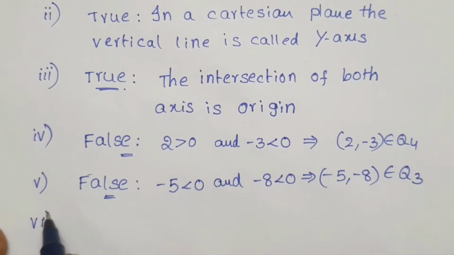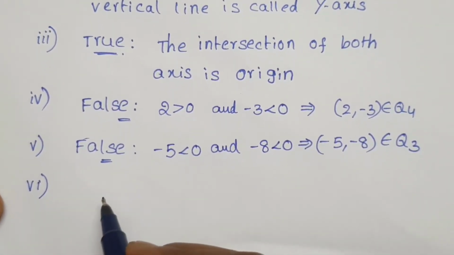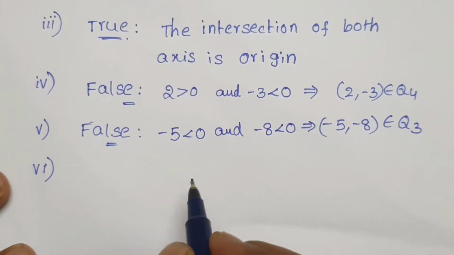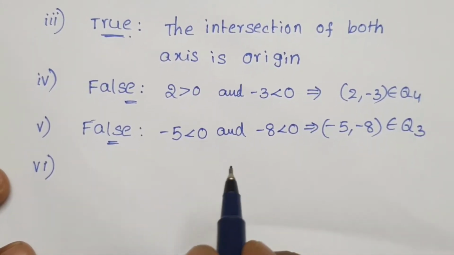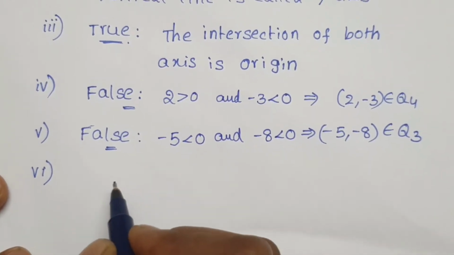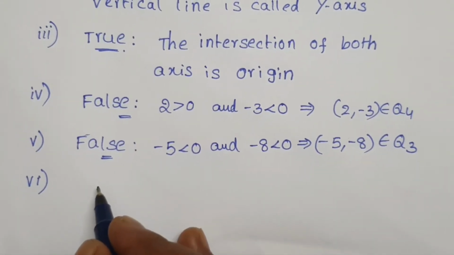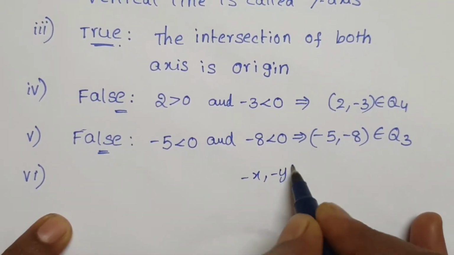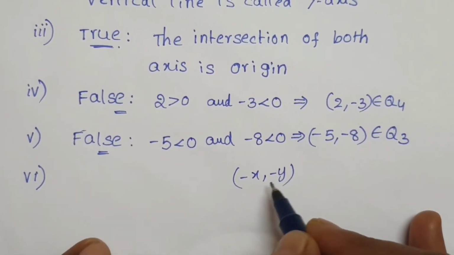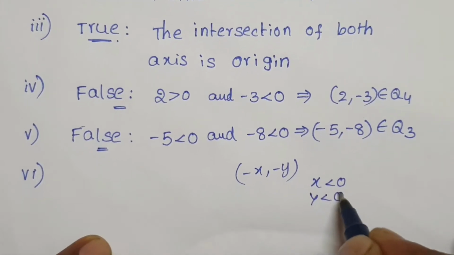Next, sixth question. The point (-x, -y) lies in the first quadrant where x is less than 0 and y is less than 0. So they given one of the condition x less than 0. Given point (-x, -y), and according to the given condition, x less than 0 and y less than 0.